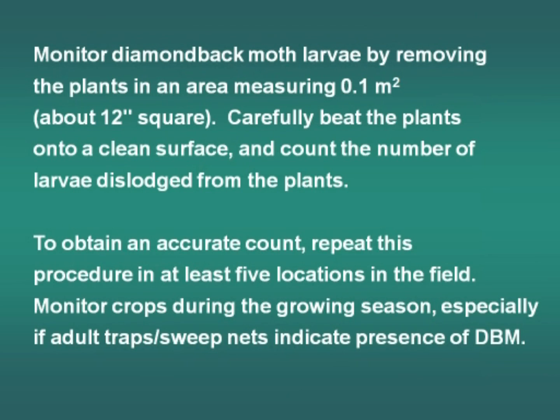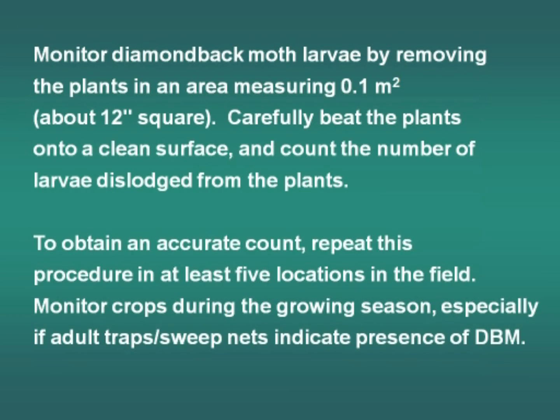Then cut off those plants and beat them onto a clean surface and count the number of larvae dislodged from the plants. It's often easiest, at least I find, to take a plastic garbage bag into the field, cut off all the plants, gently place them into the bag, and take the bag out of the field in order to bang off the larvae.